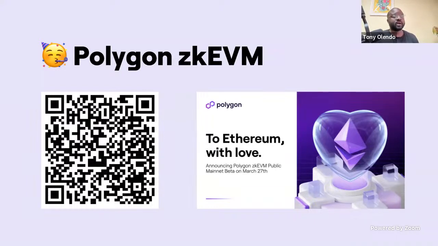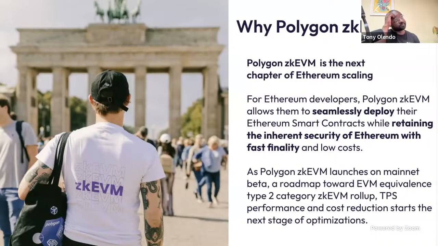But at the base of understanding all of this is understanding just what the zkEVM is. It basically represents the next chapter of Ethereum scaling. For Ethereum developers, Polygon zkEVM allows you to seamlessly deploy your code while retaining the inherent security of Ethereum, but with faster finality and lower cost.